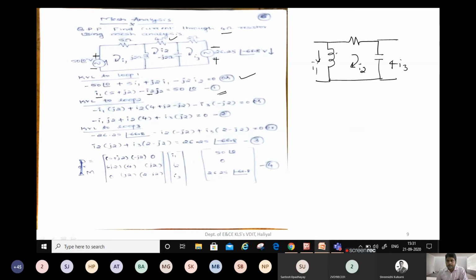So if this is X, Y, Z, then simply I can write I2 times X plus Y plus Z. And here, until and unless the current directions are opposite, I can write minus I1 into X. Similarly here I can write minus Z times I3.